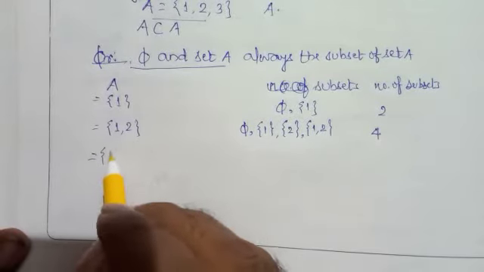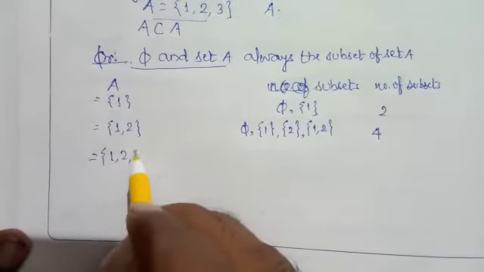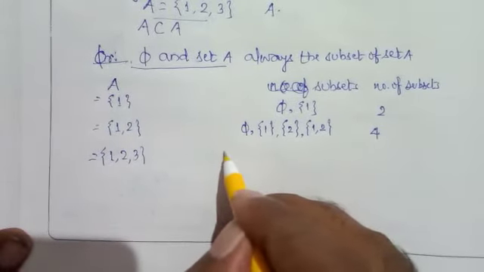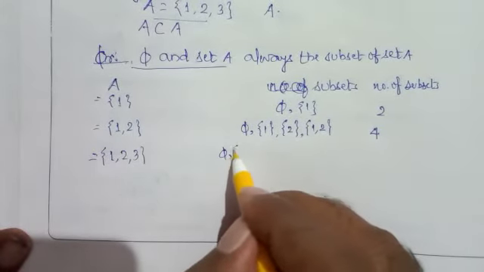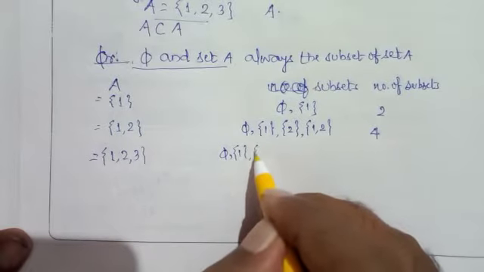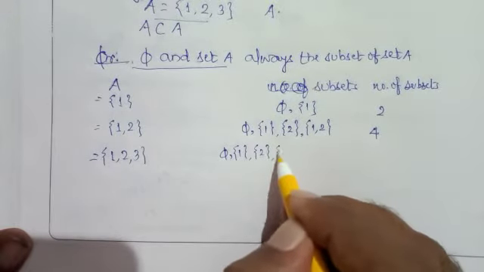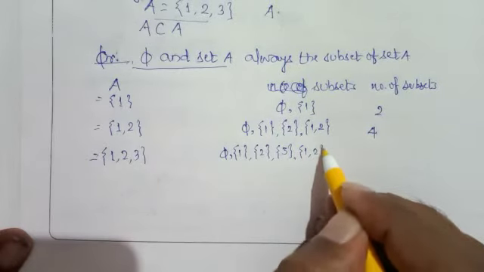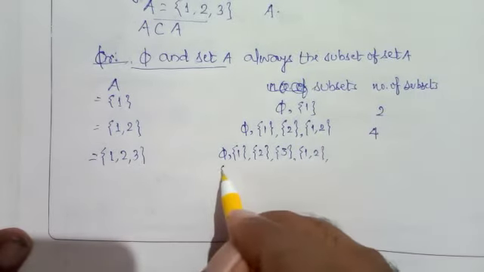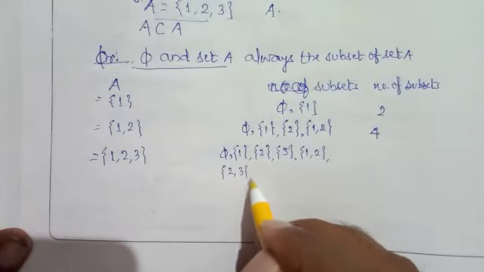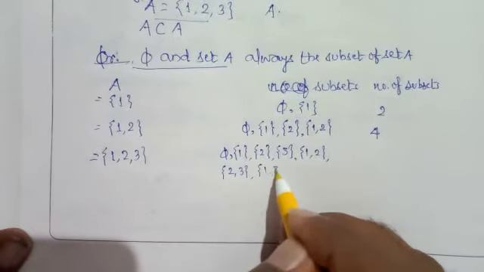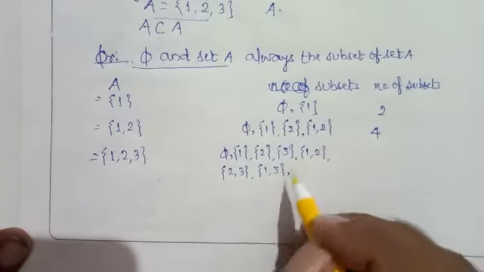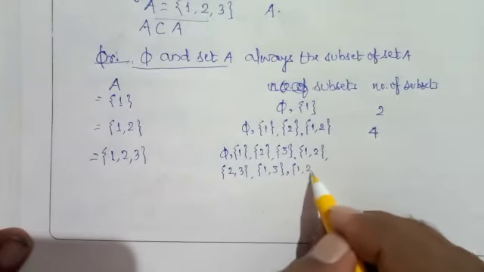Consider the set which has 3 elements, 1, 2, 3. So construct its subsets. First phi, then the singleton sets 1, 2, 3, then the paired sets, meaning 2 elements: 1 2, 2 3, 1 3, and the whole set 1, 2, 3.